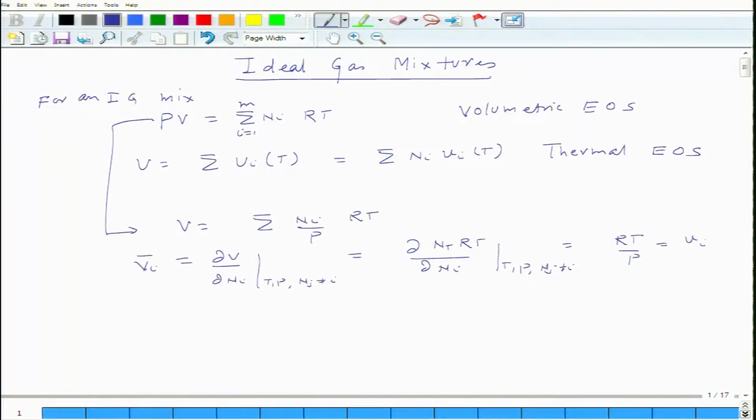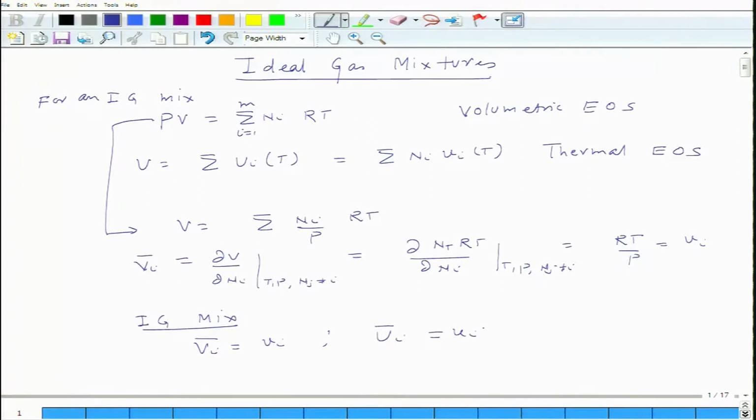So, this is something which we have also done in our earlier thermodynamics courses. So, I can summarize that for an ideal gas mixture, the partial molar Vi is nothing but Vi and the partial molar Ui is nothing but Ui.